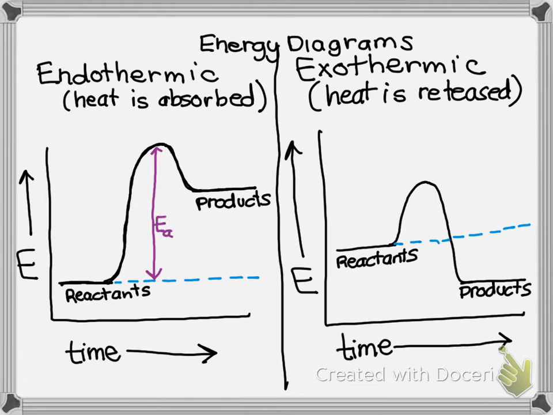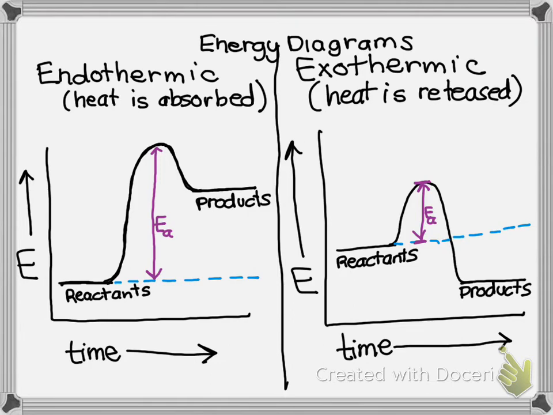That's the minimum amount of energy, my activation energy. And on the exothermic, it would be a similar thing. It's from where I start on the reactants down here, all the way up to the top of the peak here. And the peaks do tell us information. The taller the peak, the more activation energy is required. And we'll see that also gives us a window into how fast the reaction will occur.